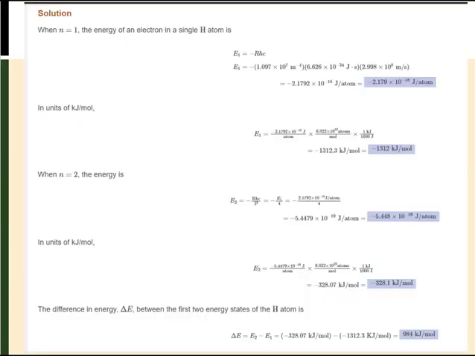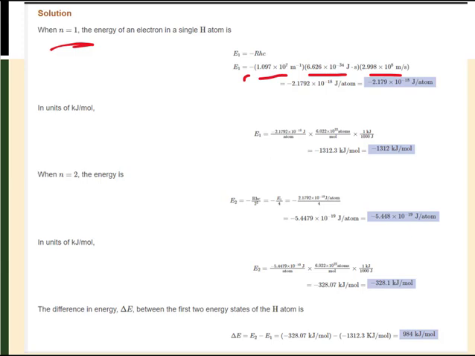Take a minute. All right, let's check your answers. So let's look at when n is 1. Again, we're going to use negative RHC. So here's our negative R, we've got h, we've got c, and we just need to multiply these three together, and we get negative 2.179 times 10 to the negative 18th joules per atom.